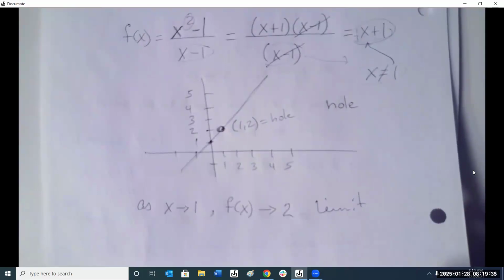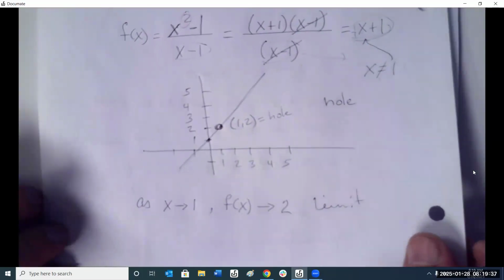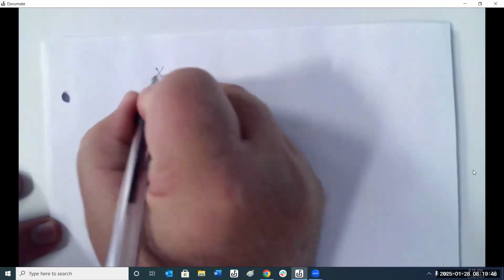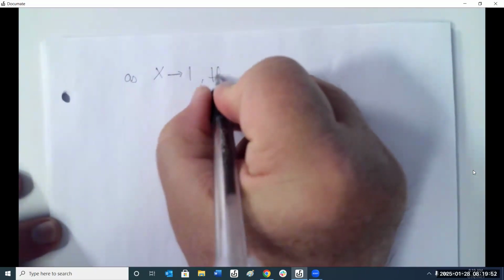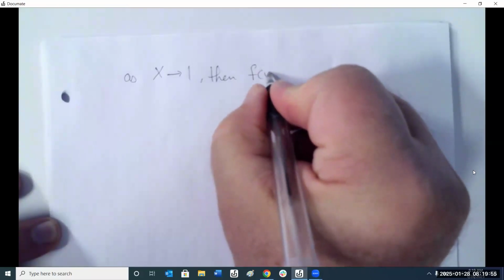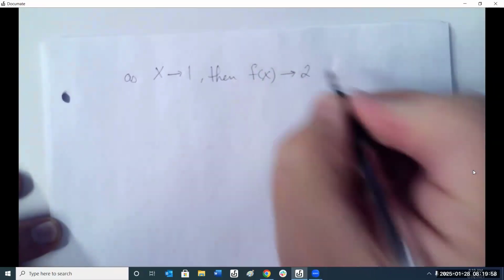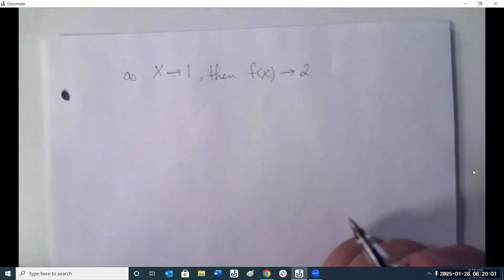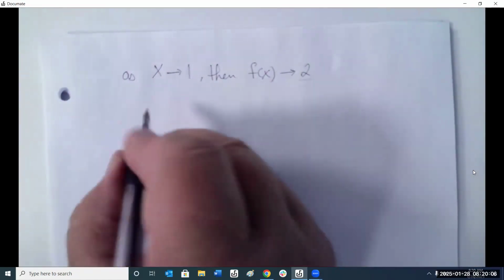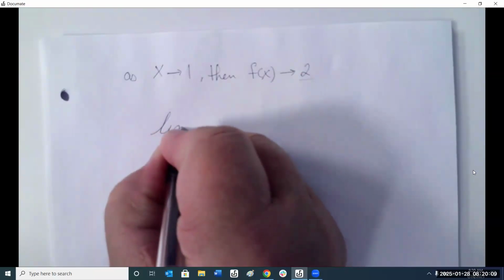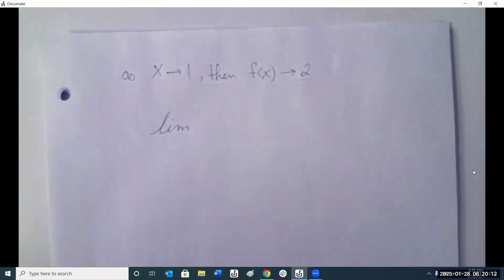Let's put an informal definition to this. As we just said, as x approaches 1, then f of x approaches 2. Remember, this is our limit value. This is how we represent it. Instead of writing the word limit, we write lim.